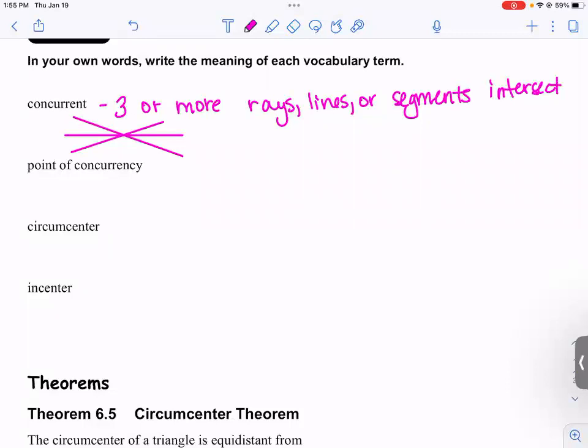There's that cute little picture right there. They have to intersect. Like that up there.